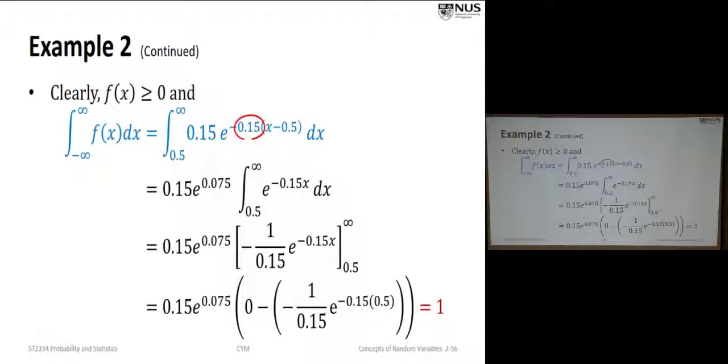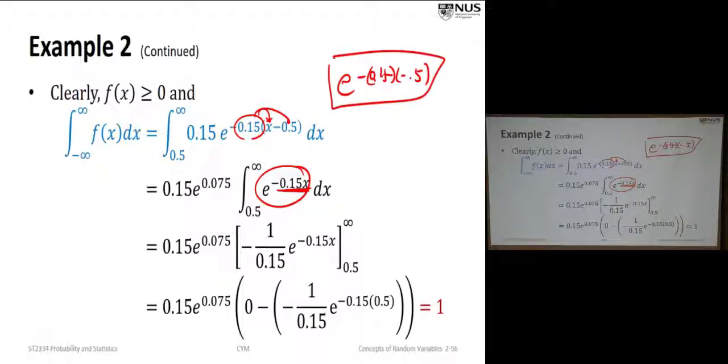This times this gives me this part. This times this gives you a constant. So it's e to the power minus 0.15 times minus 0.5. Now this is a constant. It does not involve any x, so I bring it out.